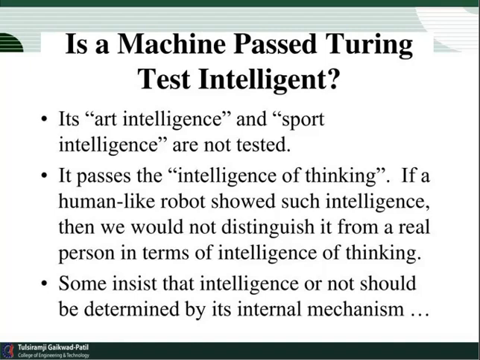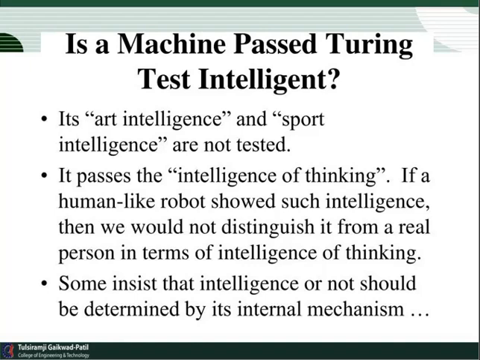Okay, then the machine passes an intelligence of thinking. If a human-like robot showed such intelligence, we would not distinguish it from a real person in terms of intelligence of thinking. So exactly what we measure in the Turing test is the intelligence of thinking. How intelligently is your machine thinking?